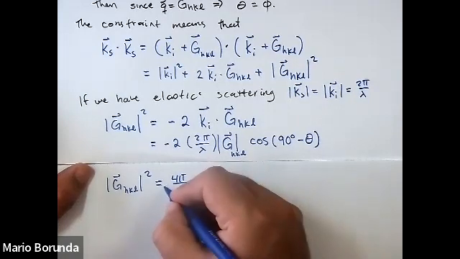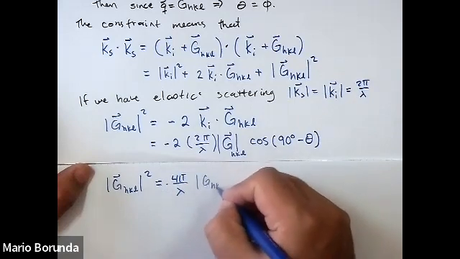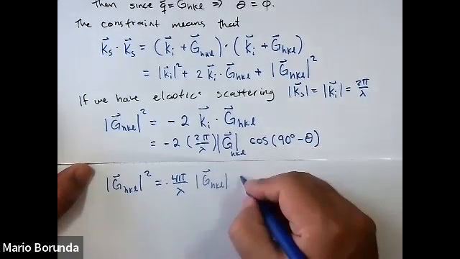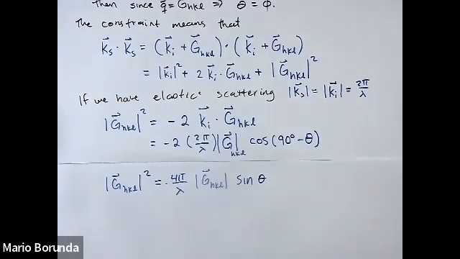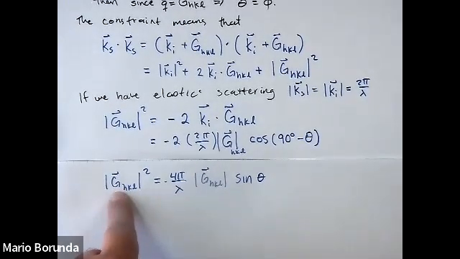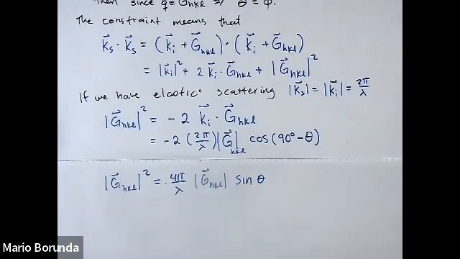There has to be a minus somewhere here. Then this magnitude of the vector G_HKL, and then cosine of 90 minus theta is the same as sine of theta. So we have 4 pi over lambda, this, which is the same as over here, sine theta. Questions?